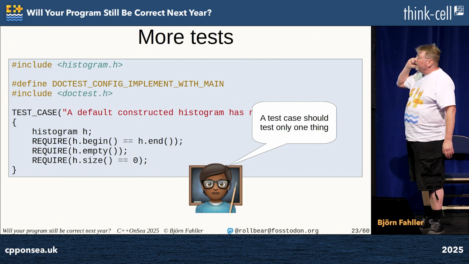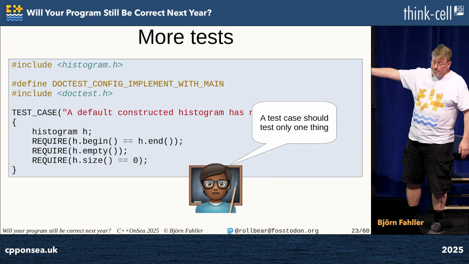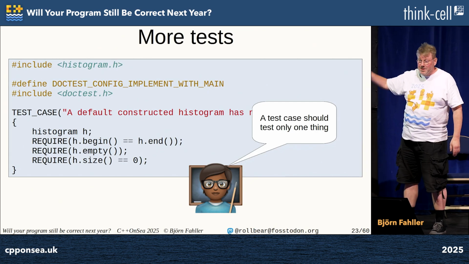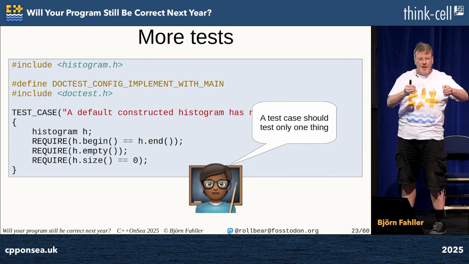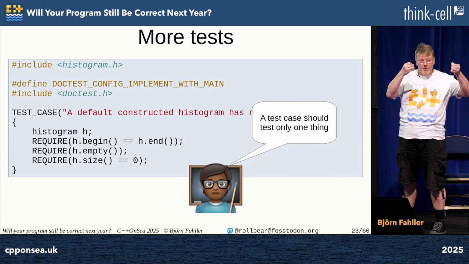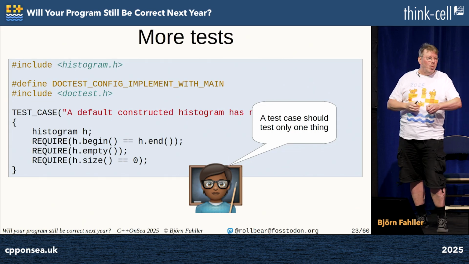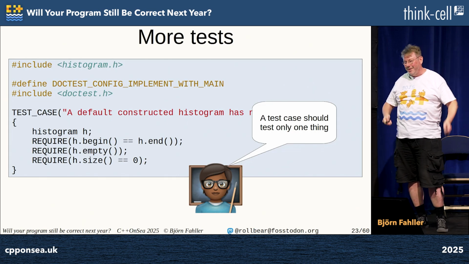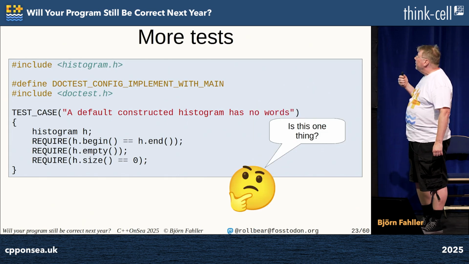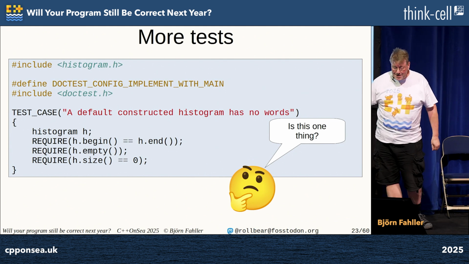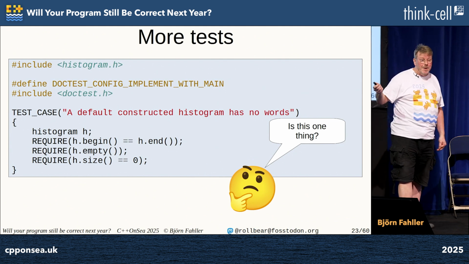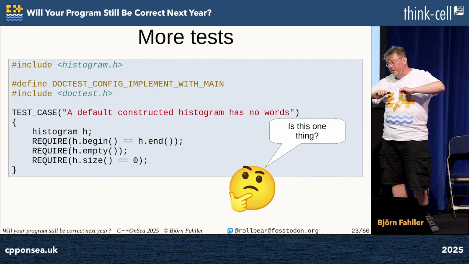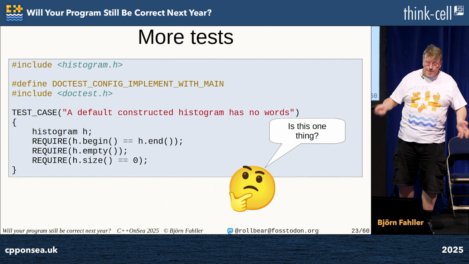But the important thing is, don't test several things. If you have several asserts, make sure that they are different ways of expressing the same logical thing, not wildly different other things. That would be horrible. So the question, I guess, is: is this one thing? In my opinion, it is. Some people disagree.